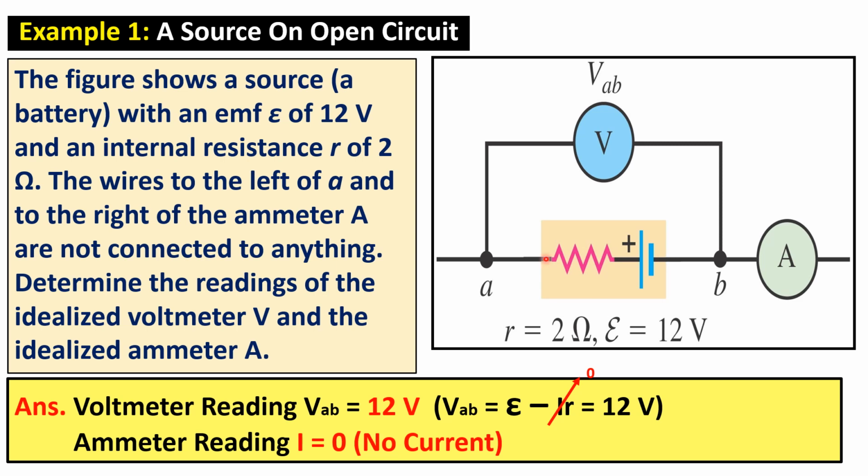There is no such complete path that would allow current to pass through the whole circuit. So it is called an open circuit.